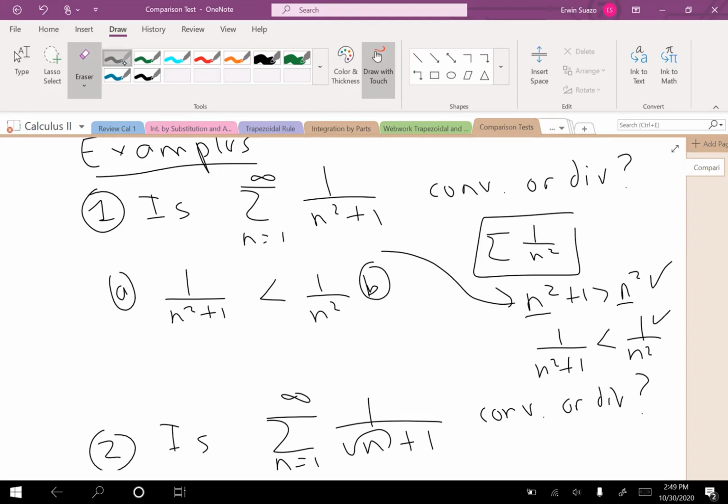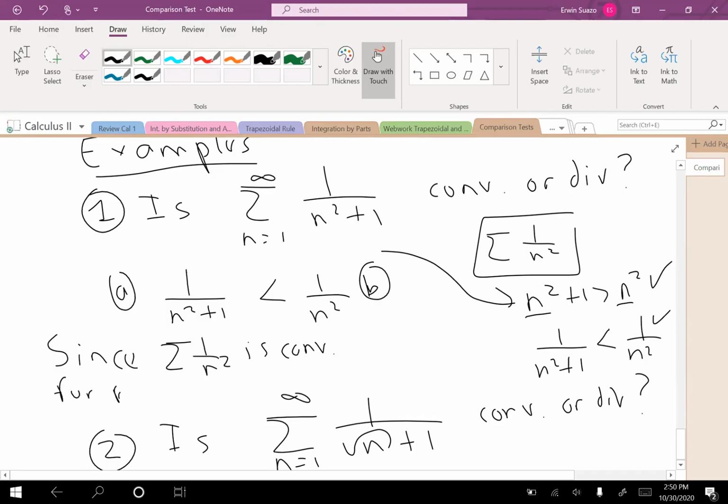So then, since the sum of 1 over n squared is convergent for being a P series, P equals 2, then the sum of 1 over n squared plus 1 is convergent.